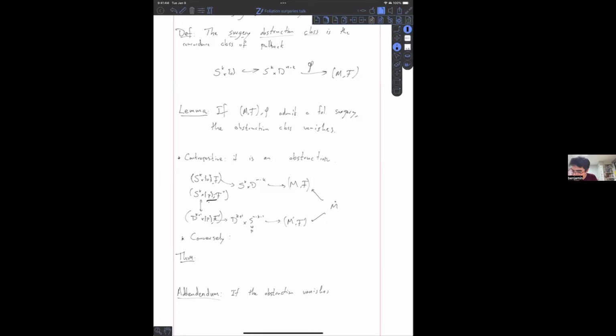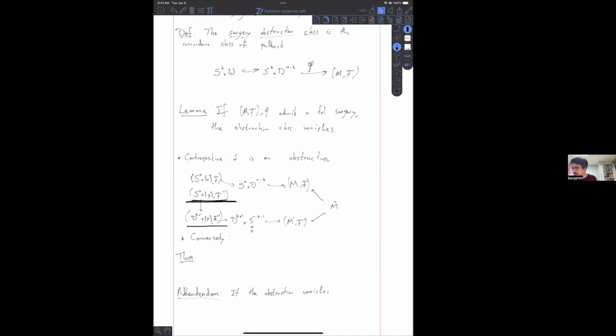For this P, we can take the straight line homotopy of the sphere and get a concordant foliation on the sphere. So here's our obstruction class. And then we have an extension of this foliation to the disk.